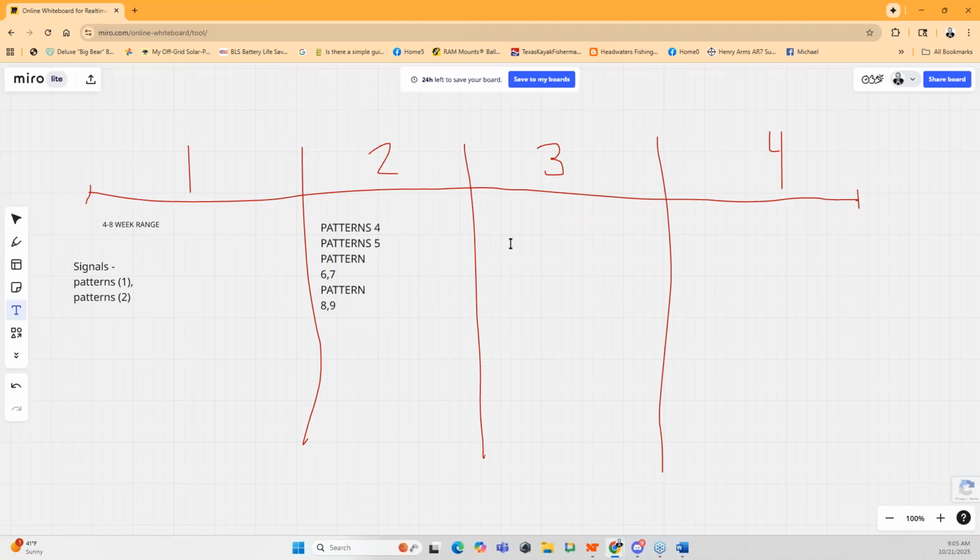They are completely outside of the realm of possibility of RevPol, this idea of a sequence of inverted patterns, 4, 5, 6, 7, 8, and 9.